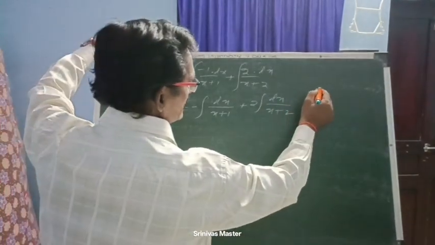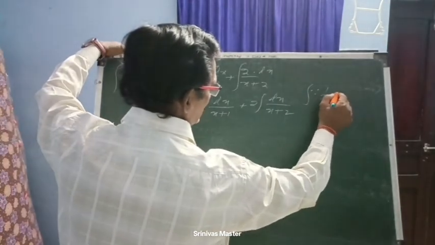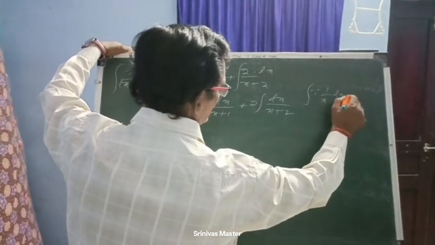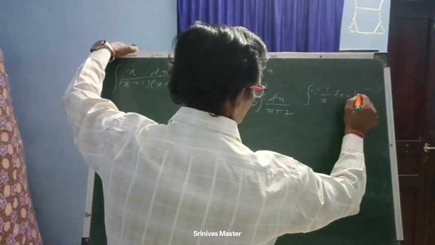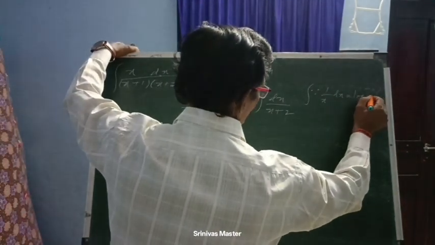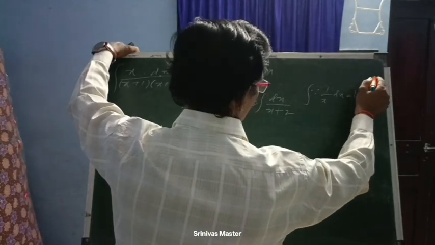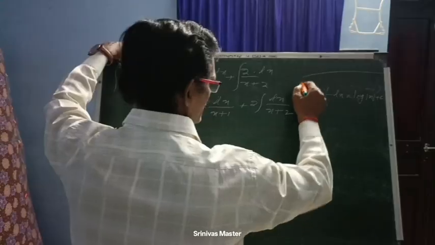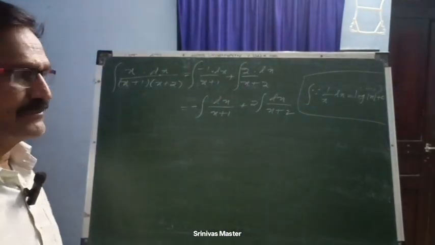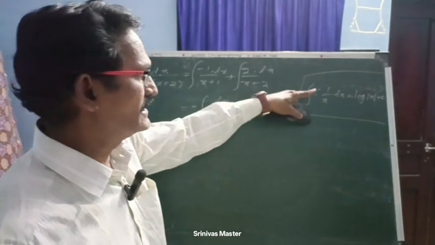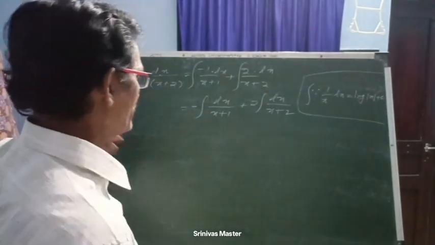What formula do you know? Integrate 1 by x dx equal to log mod x plus c, where c is the auxiliary constant in general. So for both the terms, only one formula we can apply: integrate 1 by x dx equal to log mod x plus c.